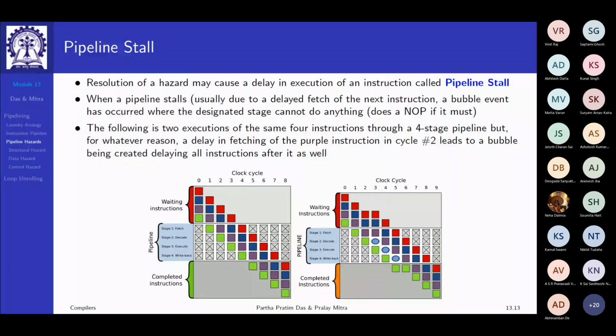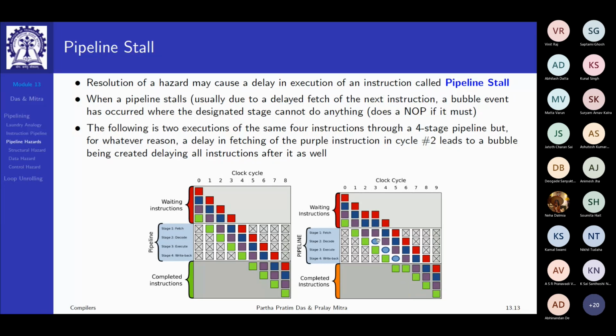So what will you do? Your fetching is taking more time, so you are actually extending into the time that you should have used in decoding. You can see the purple is getting extended here because its fetch could not complete on time, and therefore in the next cycle also it is still doing that, which means that where it should have done a decode, it actually does nothing.